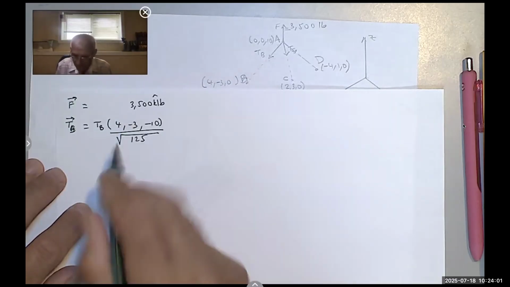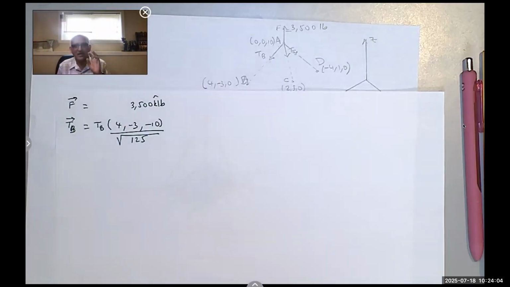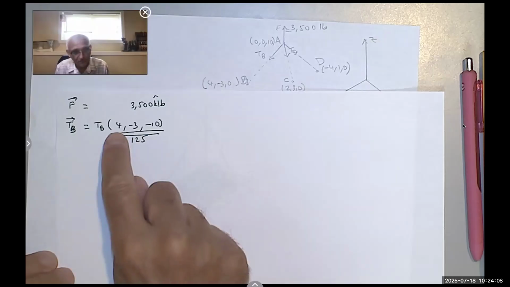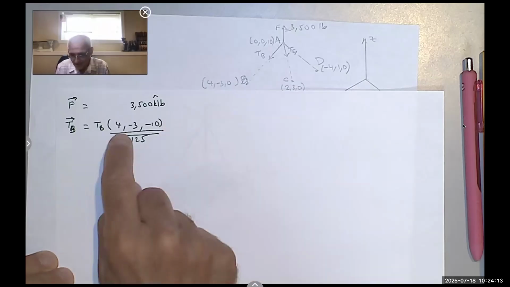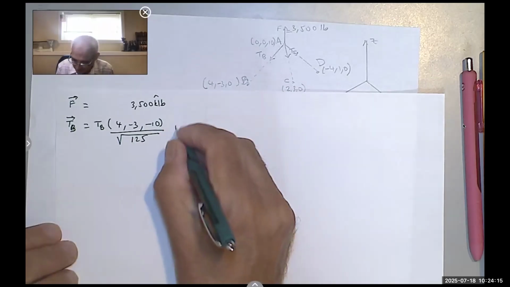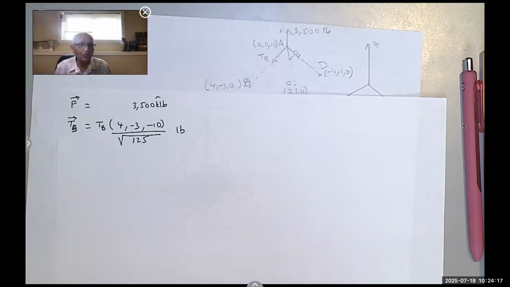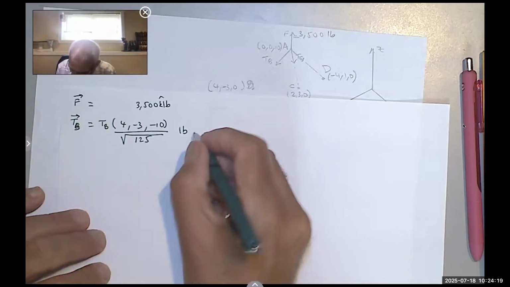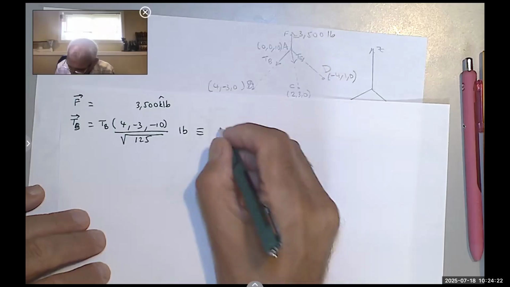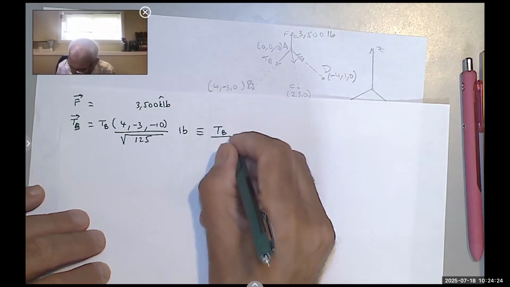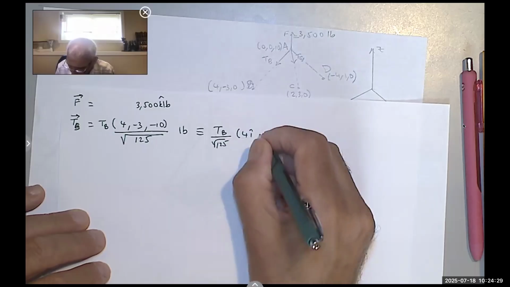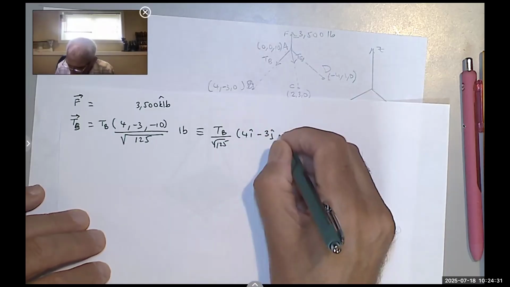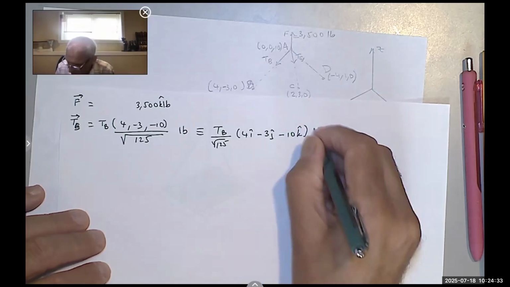Notice that when you write a vector, you can write it in component form. Everybody knows that this is the I, this is the J, this is the K, because you are using commas between them. Or this is the same as saying T sub B over root 125 times 4I minus 3J minus 10K pounds.